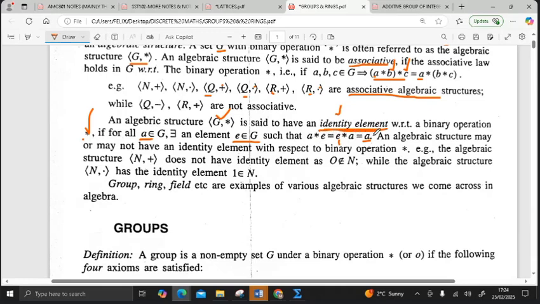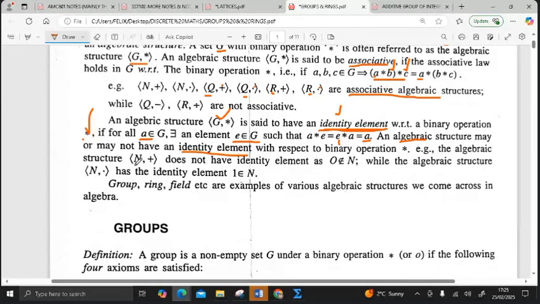In the set of natural numbers, when you're talking about multiplication, our E is 1, because A multiplied by 1, which is the same as 1 multiplied by A, is equal to A. In the set of integers, the additive identity E is 0. A plus 0 is no different from 0 plus A, which is equal to A.